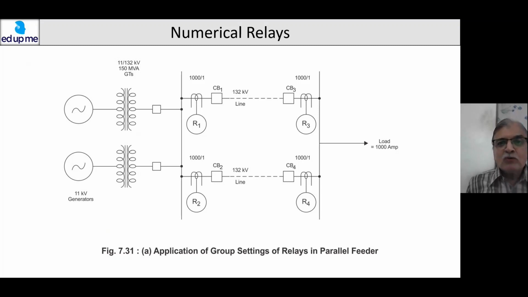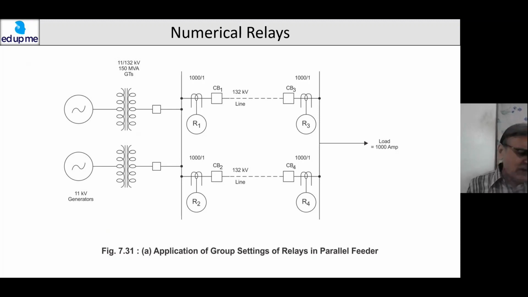Now here, if I have a parallel feeder, what will I do? If both the lines are on, my flux setting for R1 and R2 is 50%. And if one line trips, it automatically changes to 100% using the auxiliary switches of breaker CB1 or CB2 of the line which has tripped.